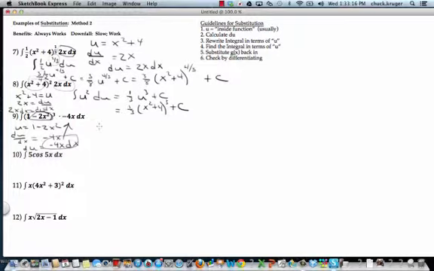So now I'm going to integrate u to the 3rd du, which gives me 1/4 u to the 4th plus c, which is equal to 1/4 times 1 minus 2x squared to the 4th plus c. And you can see, I'll check it here by differentiating. 4 times 1/4 is 1, and I'd have 1 minus 2x squared to the 3rd, the c would be gone, times negative 4x, which is what I would have right there.